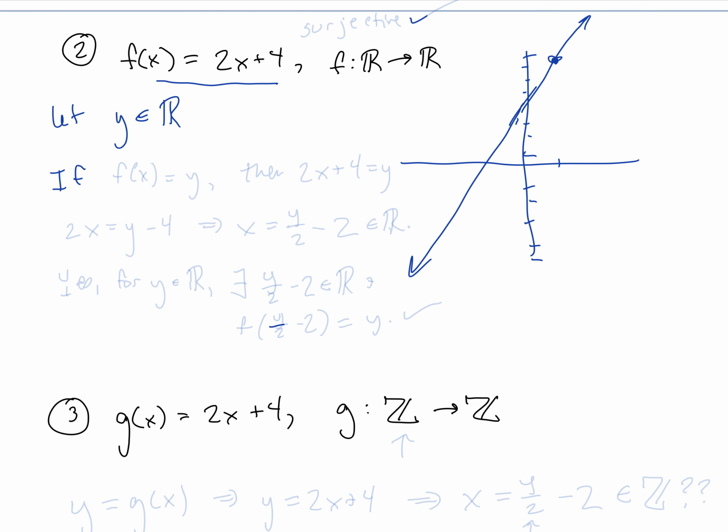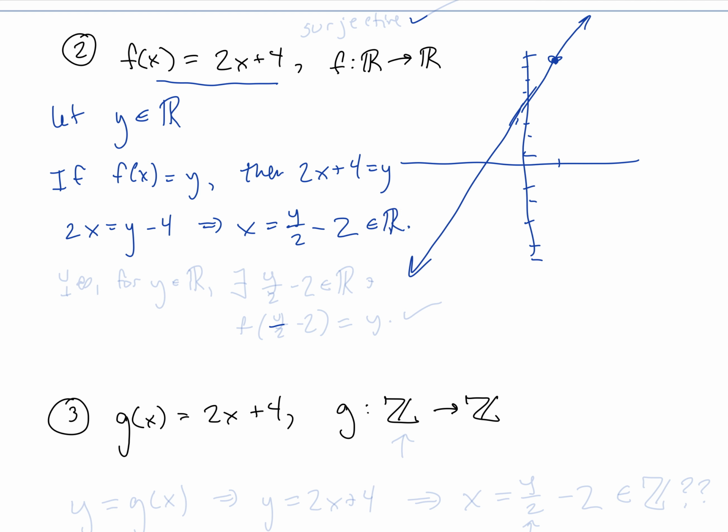So if f of x is equal to y, then that means that 2x plus 4 is equal to y. So we could subtract, and we've got 2x is equal to y minus 4, and that tells us that x is equal to y over 2 minus 4 over 2, which is y over 2 minus 2. And since y is a real number, that would be in the real numbers as well.